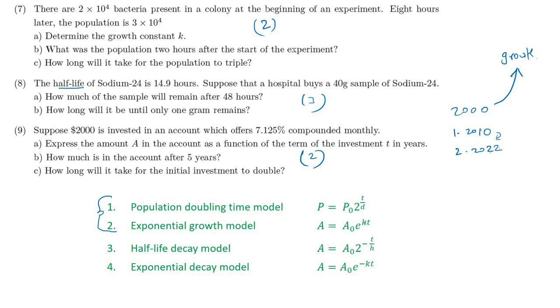See here 7.125%. Substitute here, you will get the A value. They are asking how long will it take for the initial investment to double. To double means, what is the initial amount? 2000. You substitute in this formula. 2000 will become 4000 in how many years? You calculate that one.